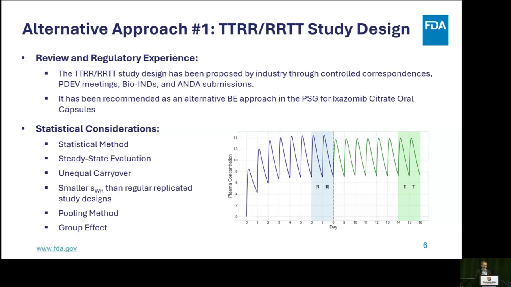In the FDA statistical guidance, we commonly recommend you pool smaller clinical sites into a larger clinical site for the purpose of statistical analysis. So the pooling method should be pre-specified. The last one is about group effect. If the study is conducted in multiple groups, we recommend you include group terms in your statistical analysis.